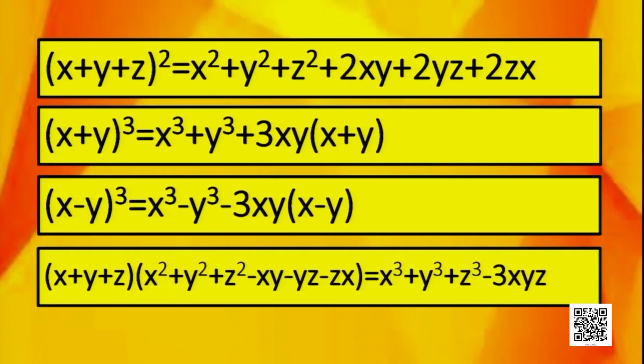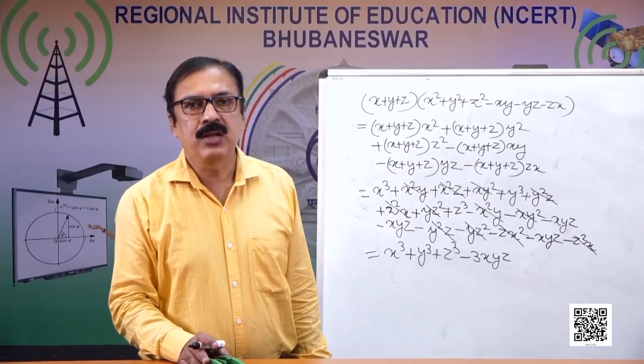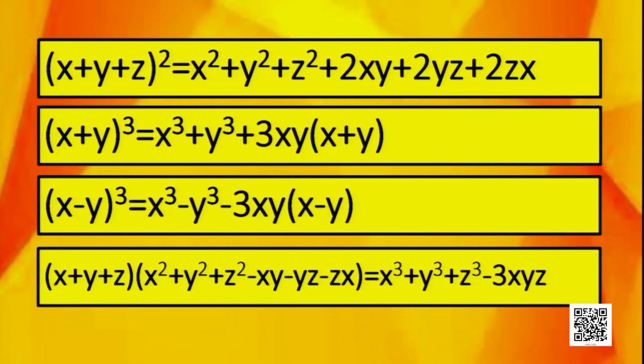So from this we get x cube plus y cube plus z cube minus 3xyz. Another way we can say that x cube plus y cube plus z cube minus 3xyz is x plus y plus z into x square plus y square plus z square minus xy minus yz minus zx.